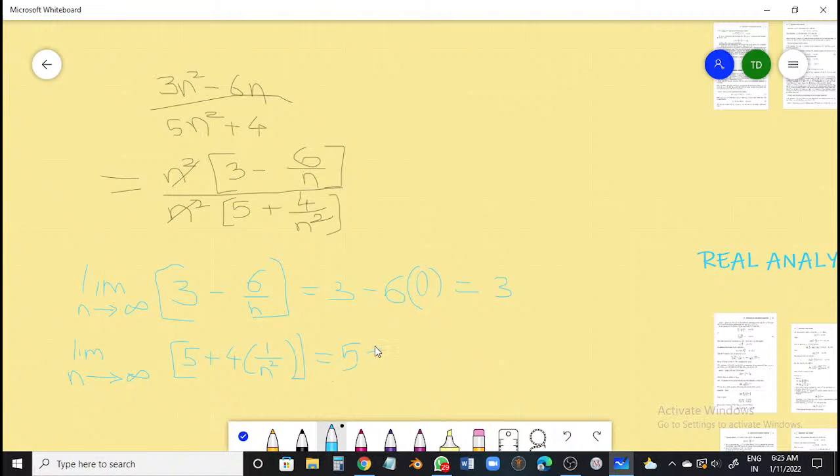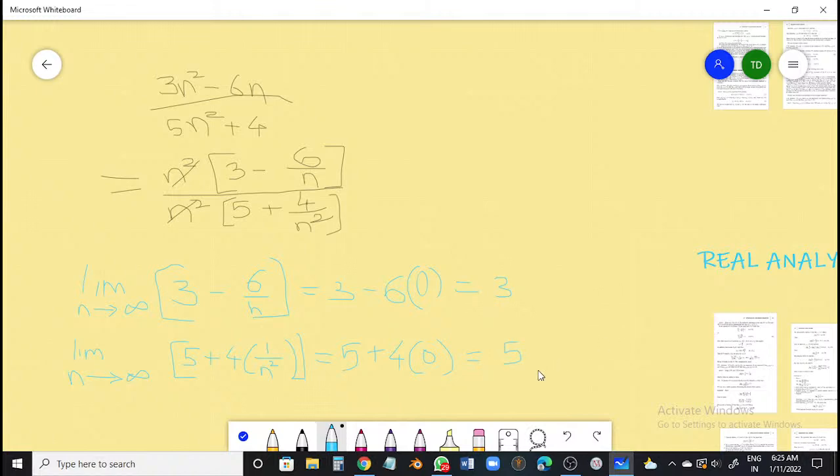And this is surely going to be 4 times, because 4 is a multiple, and 1 by n square goes to 0, converging to 0, so our ultimate answer is going to be 5. And the quotient rule we are going to apply. So this is going to be 3 by 5, which was very usual.